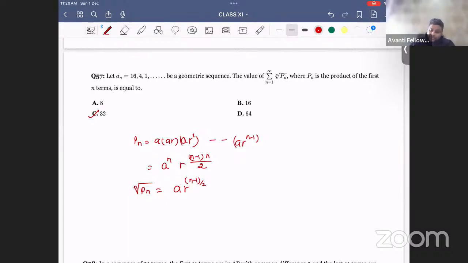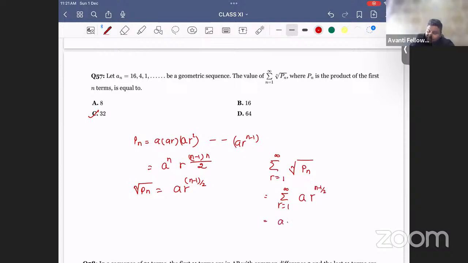Now they are asking for sigma n varies from 1 to infinite, nth root of Pn. This is what? Sigma n varies from 1 to infinite, it is A R to the power (n minus 1) upon 2. Correct?